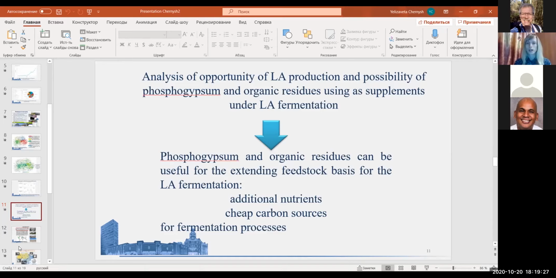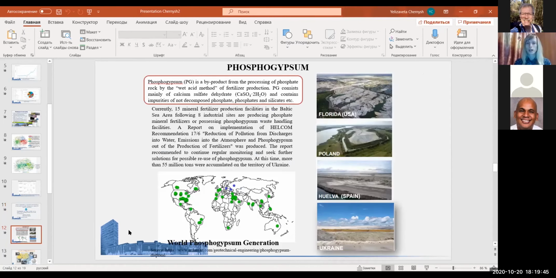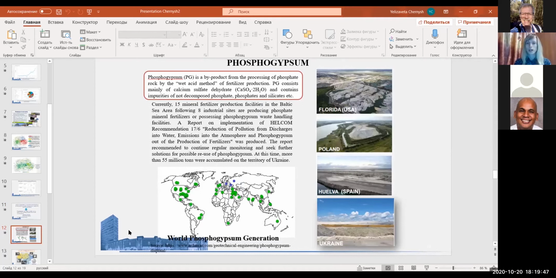In these areas, we propose to connect such types of waste as phosphogypsum and different types of organic residues that can be used as additional nutrients, of course. And it should be noted more information about phosphogypsum.